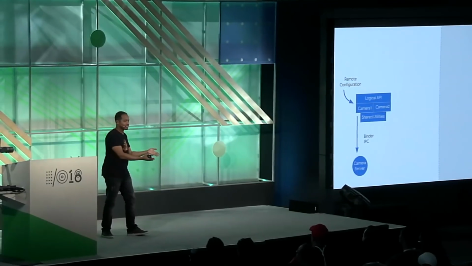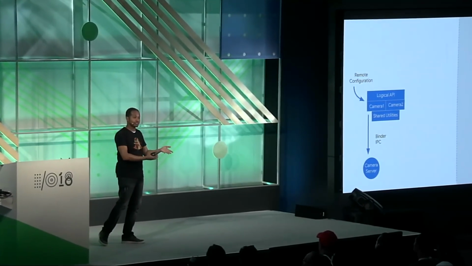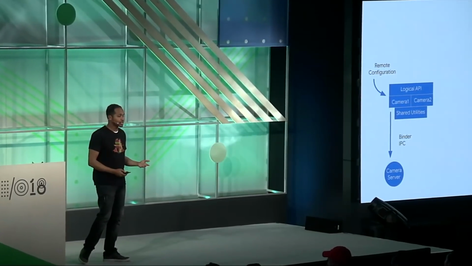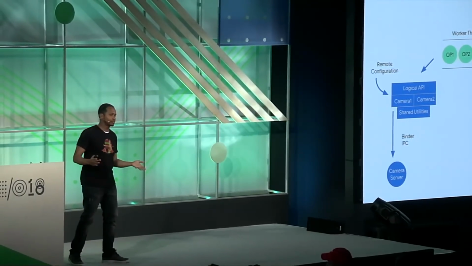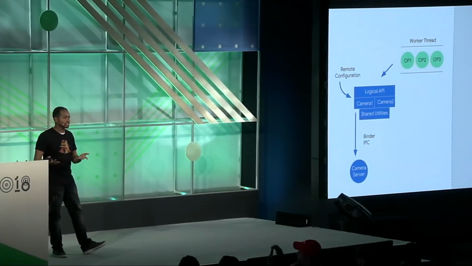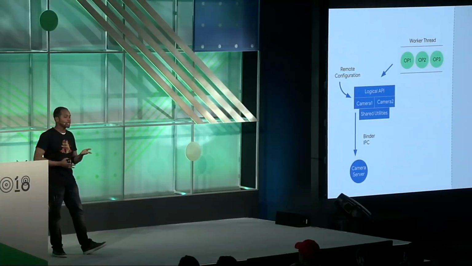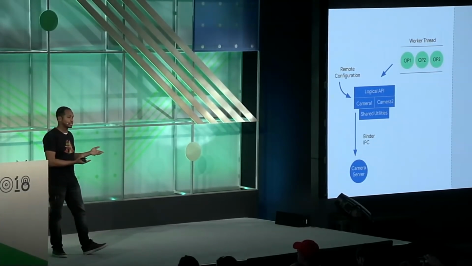And if they all try to talk to the camera, they could do things that conflict with each other. There's life cycling, a lot of things you need to be aware of. And so what we do is we have an operation queue that allows us to coalesce things that are redundant, allows us to manage invalid states. And so we avoid a lot of conflicting things across features by having an operation queue and a thread that processes them.